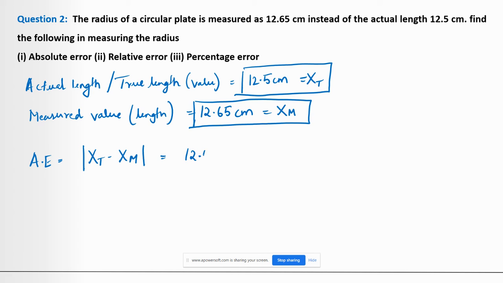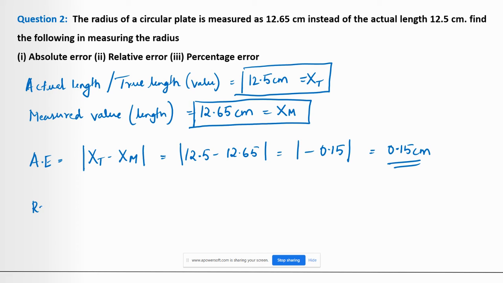So |12.5 minus 12.65|. We will be getting here minus 0.15, so the modulus gives 0.15 centimeters. This is going to be your absolute error.